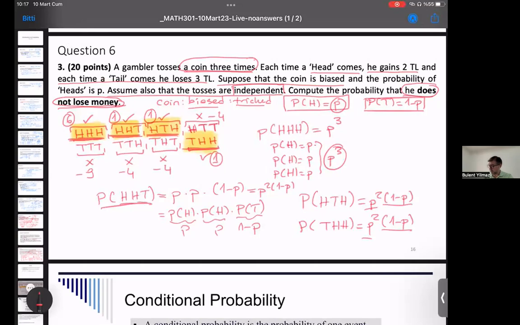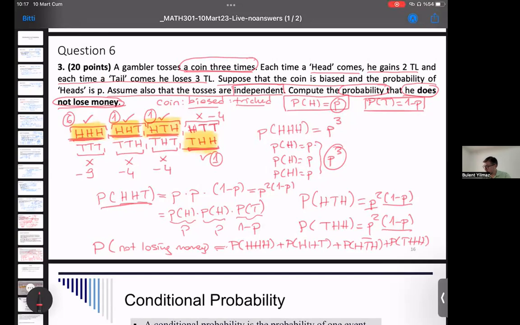So what's the final probability that he doesn't lose money? Probability of not losing money is the probability of obtaining HHH, plus probability of obtaining HHT, plus probability of obtaining HTH, plus probability of obtaining THH. What is the final answer, guys?